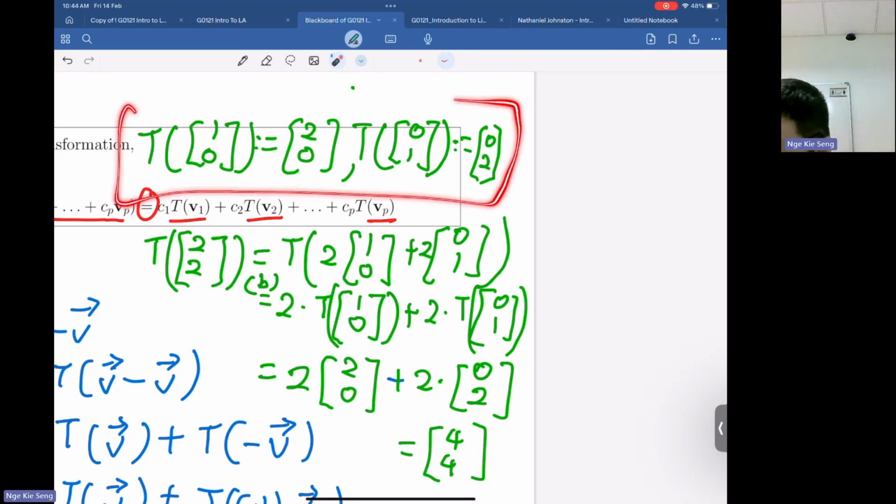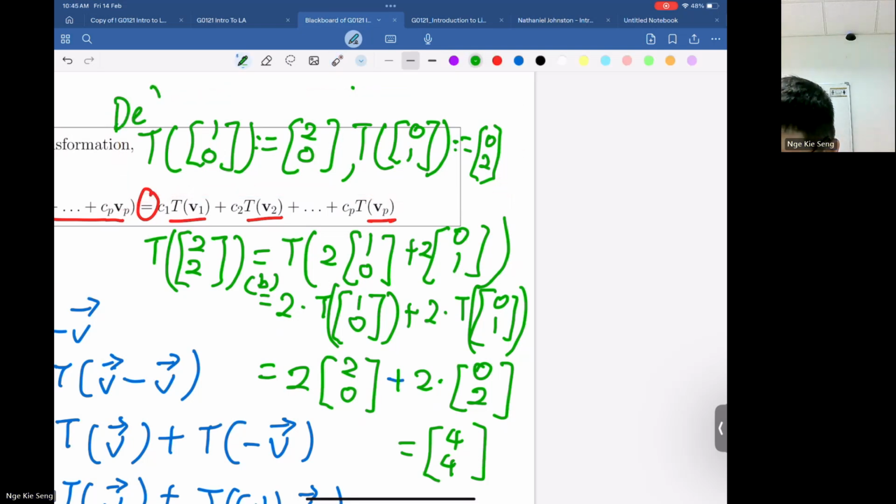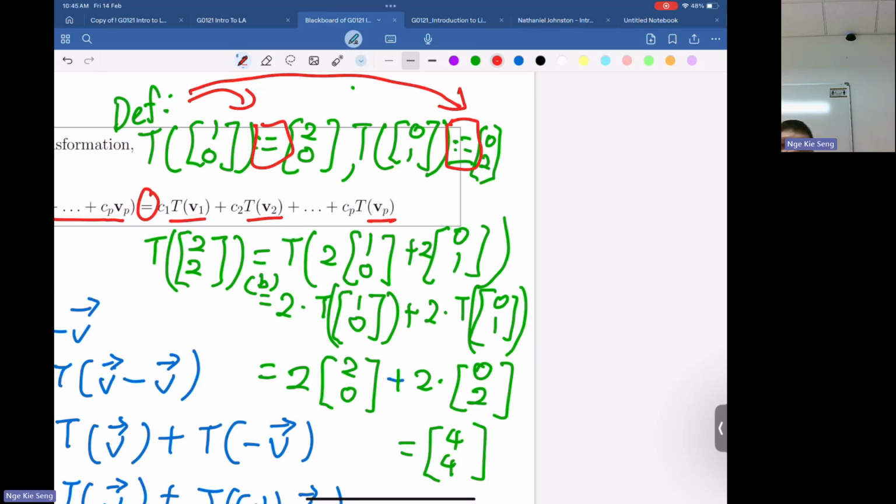Oh, this is what I defined just now. Whenever I put this colon equal, colon equal means defined. Any other question?